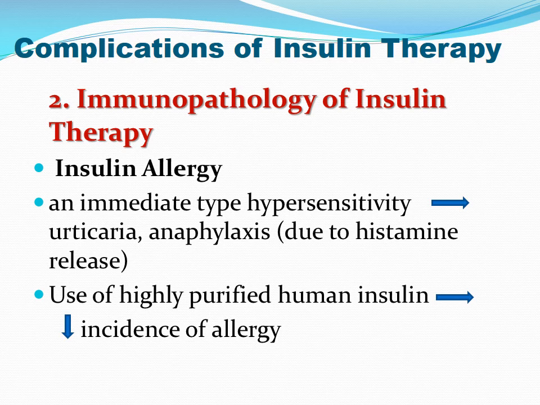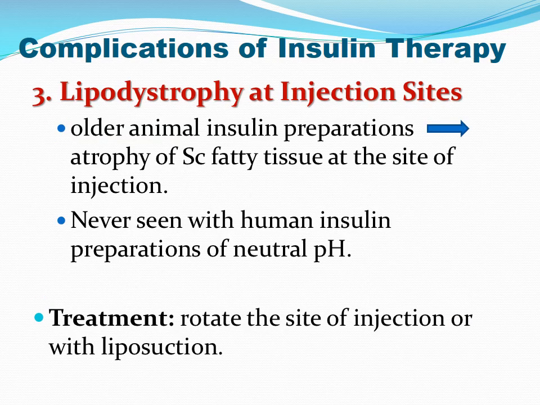It will lead to insulin allergy characterized by immediate type hypersensitivity, with urticaria and anaphylaxis due to the release of histamine. To avoid this side effect, it's usually advised to use highly purified human insulin, which decreases the incidence. The third adverse effect of insulin is lipodystrophy at the site of injection.